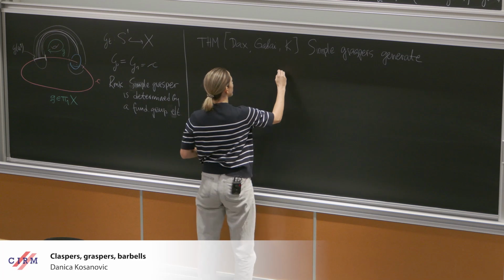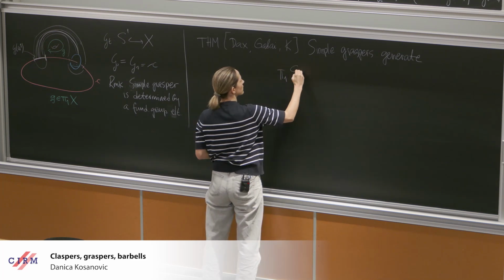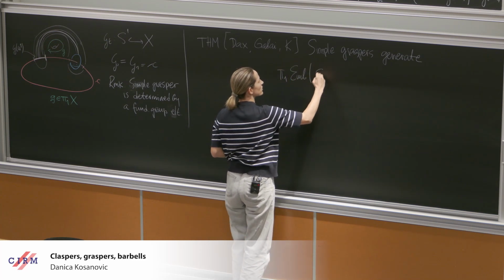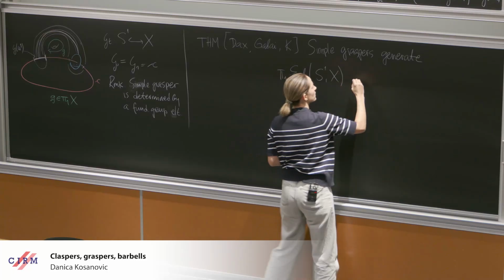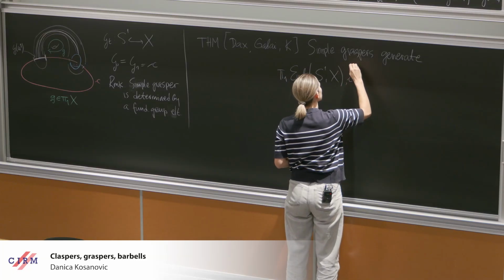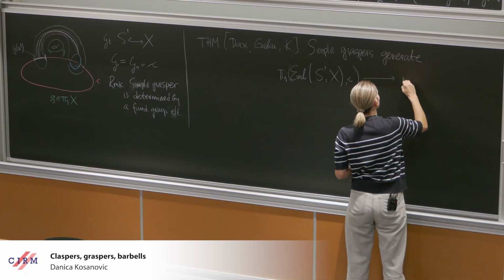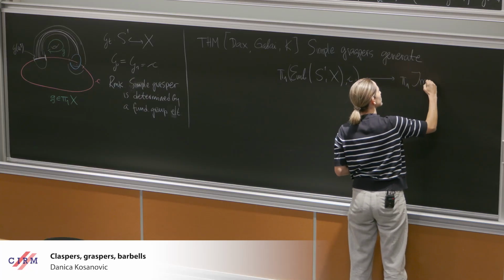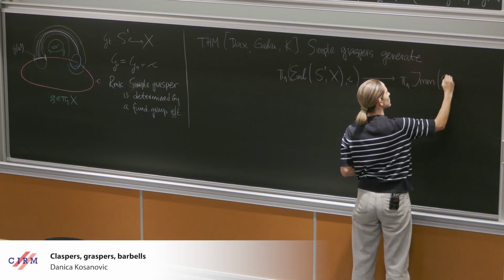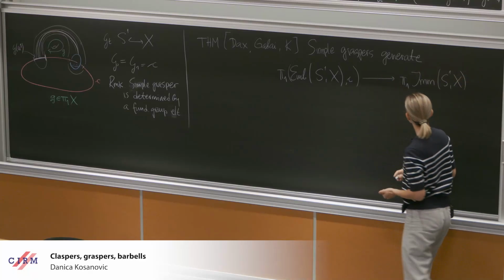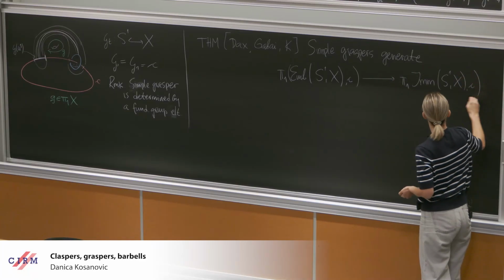You go from pi 1 of embeddings of circles to X based at C. And then you can include this into immersions. So you go to pi 1 of immersions of S1 into X, based at C.